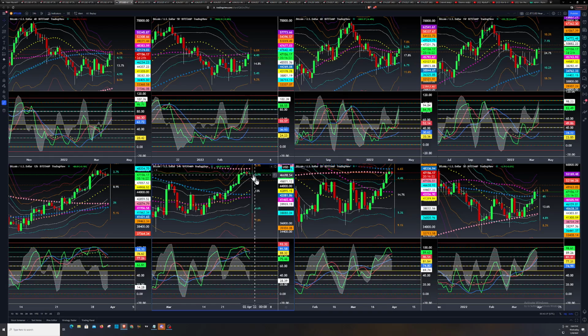If we do have a pullback, that red RSI needs to come on down here below level 70, y'all, to support the price action going below that white upper B band and staying below that white lower B band. That red RSI has got to come on down here below white upper, below level 70. I don't think we're going to get that yet.